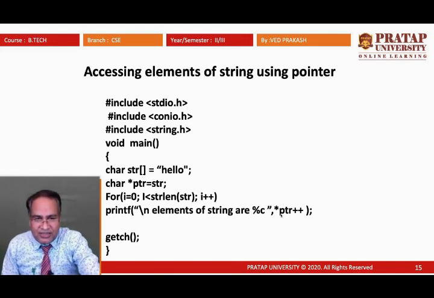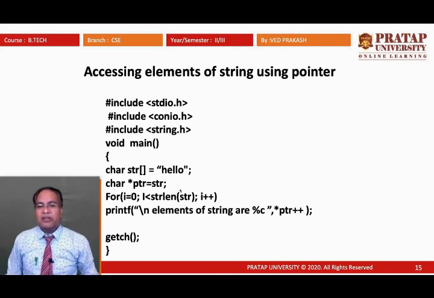So in the starting it will point to the variable h. So asterisk of ptr will denote h, and after getting incremented it will denote e. Again getting incremented it will denote the first l. Again incrementing, it will display the second l, and after again incrementing it will denote the element o, and after that it will encounter a null value.